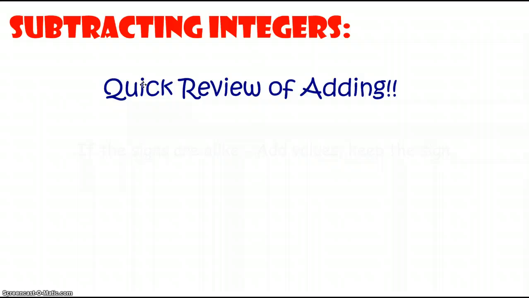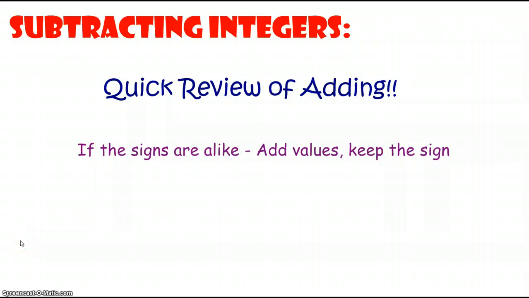When we add integers, and you are going to need your notes to go along with these, so turn to the top of the page that says subtracting integers on it. When we add integers, if you have two positives or two negatives, you add their absolute values together and you keep their sign.